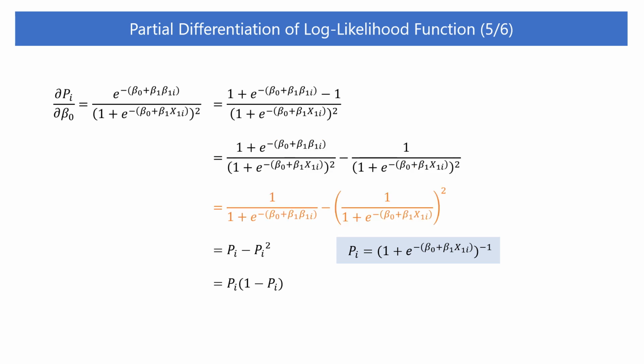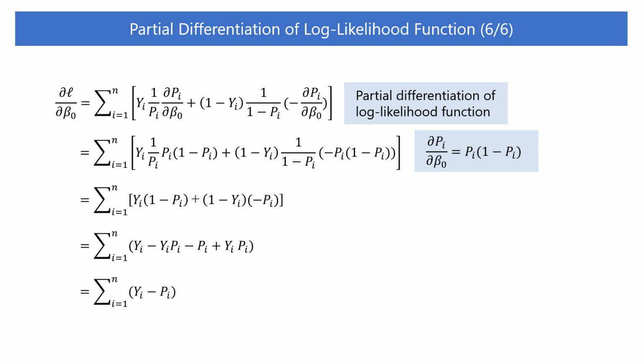The left-hand side can be reduced, and the right-hand side can be expressed in the form of a square. Here, from the definition of pi, we see that both sides can be expressed using pi. By substituting pi, we can simplify this equation in this way. We have obtained the derivative of pi with respect to beta 0.